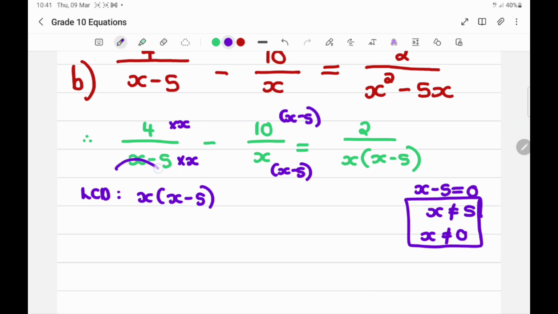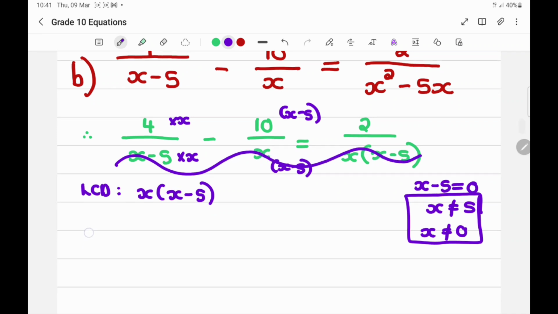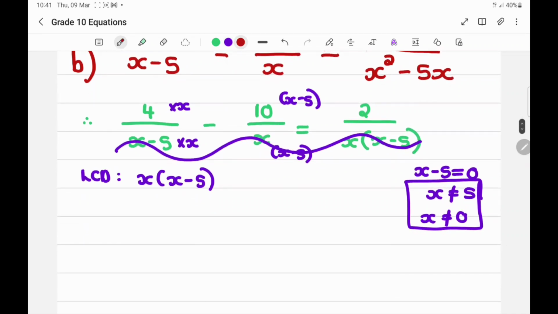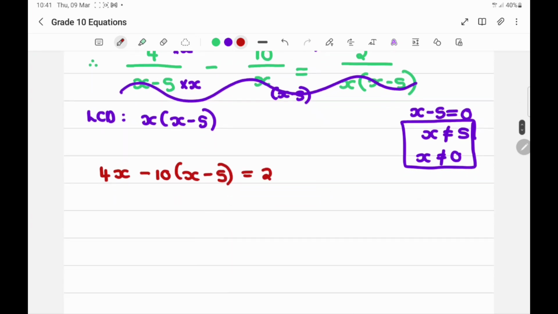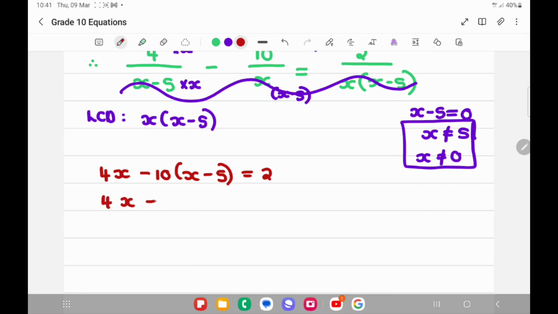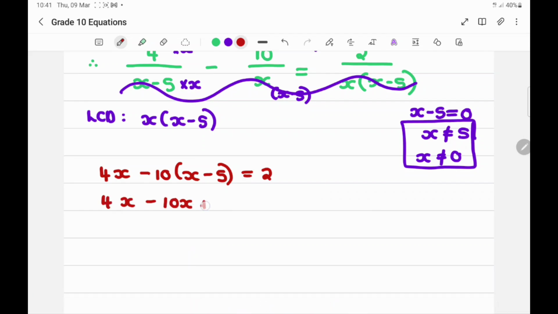Okay, so I'm already going to drop it like it's hot, and then just apply my multiplication on top there with the numerator. So 4 times x is 4x, minus 10 times x minus 5 equals 2. Then we're going to simplify and solve for x. Plus 50 is equal to 2.